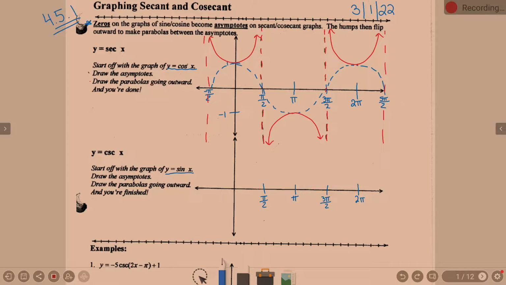The middle of pi and 2 pi is 3 pi over 2. I have a high and low value of 1 and negative 1. And you did see now why I didn't put that 1 and negative 1 all the way at the top and bottom, didn't I? Because I need room for these parabolas. Even this is going to be squished in.